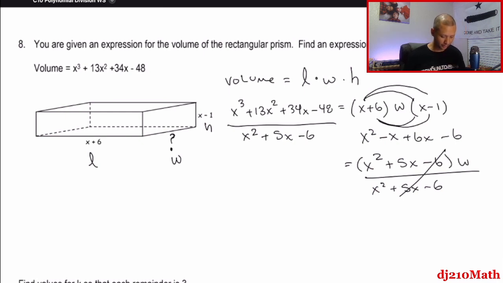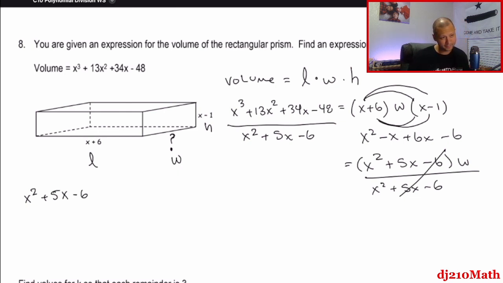So all the x variables are there, so we don't need to add any zeros. That's good news, I guess. But we have x squared plus 5x minus 6. So no, I'm not going to use synthetic division here.